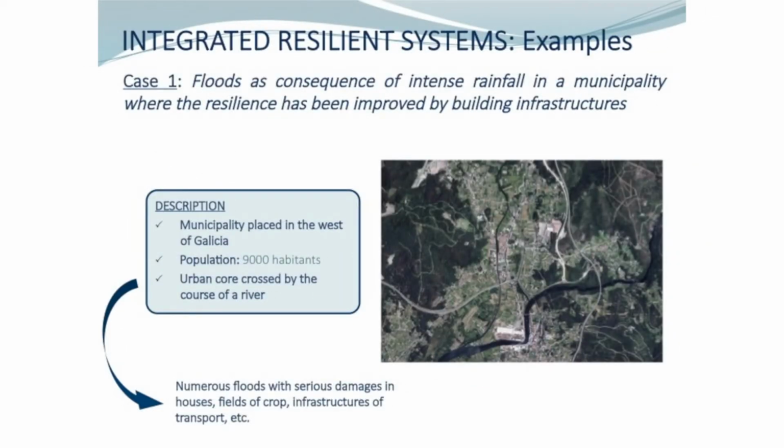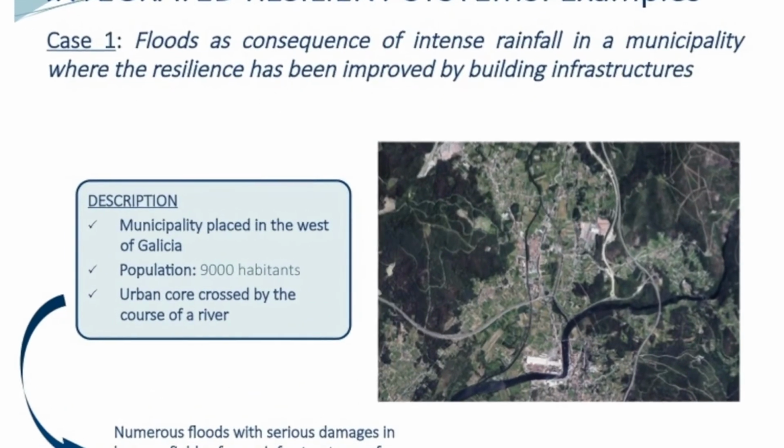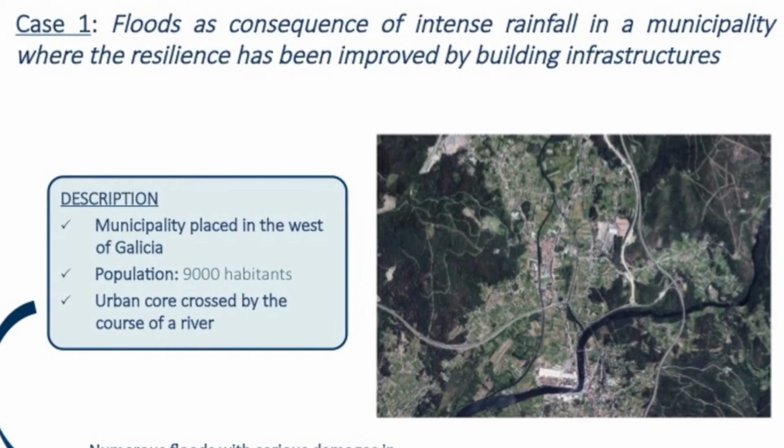If we take as an example a municipality placed in the northwest of Spain in the Galicia community, we find a population of approximately 9,000 inhabitants. The urban core is crossed by the course of a river that, in case of overflow, originates numerous floods with serious affectation to people and goods, with the consequent personal and or economic damages.